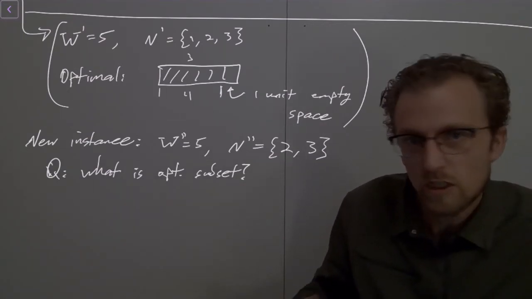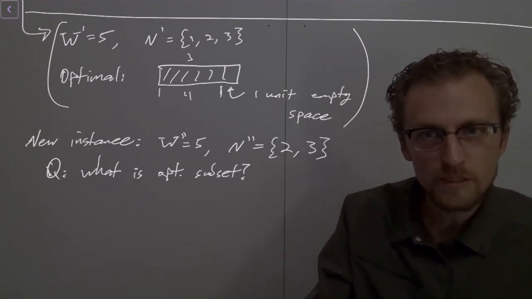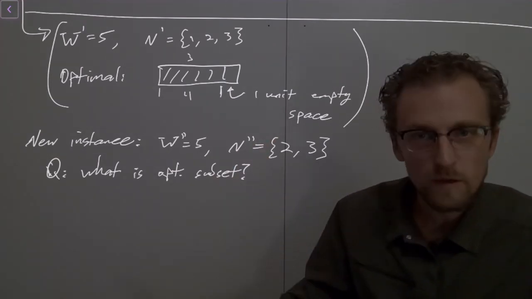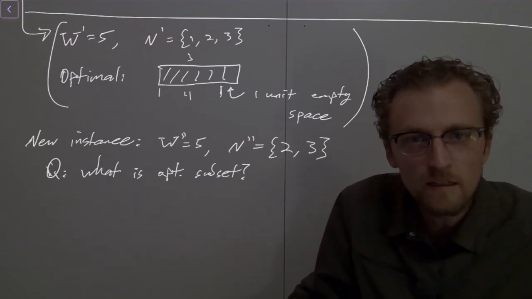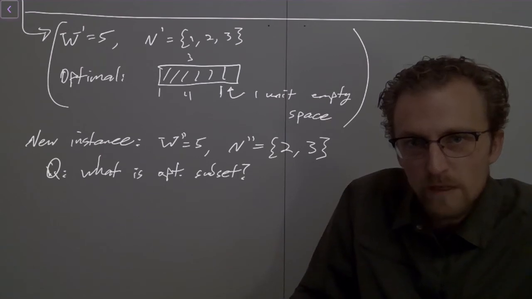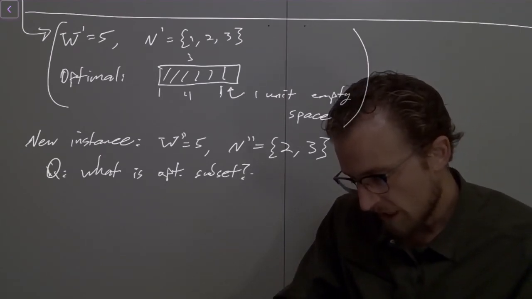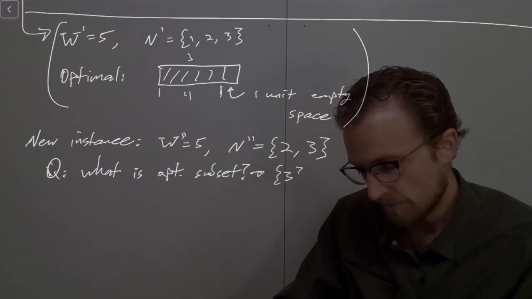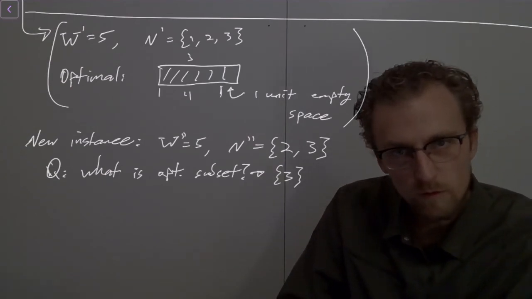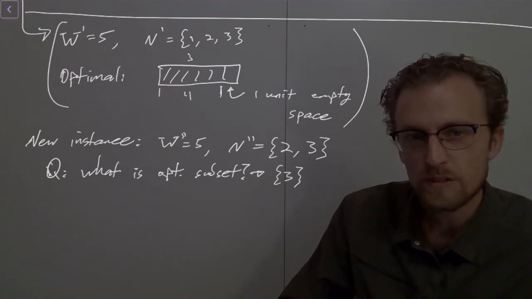No, the answer doesn't change because 1 wasn't relevant to the answer. 1 was not contained in the optimal subset for the problem at the top, so it can't matter that in this problem I'm not allowed to use 1. So the optimal subset is obviously just 3, the same as it was above. And so there's no change. If I remove access to an item that isn't in use, that doesn't change the optimal subset.